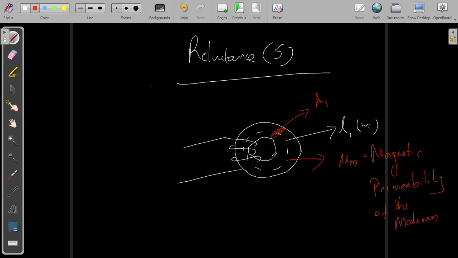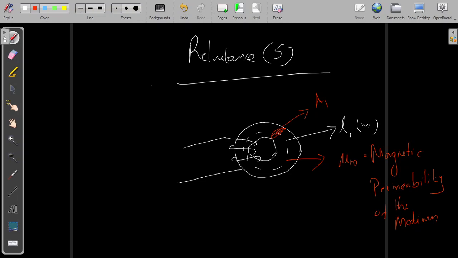From material to material, this magnetic permeability will change, and it means how easily the flux will travel through that medium.